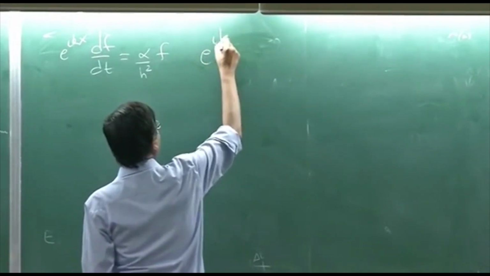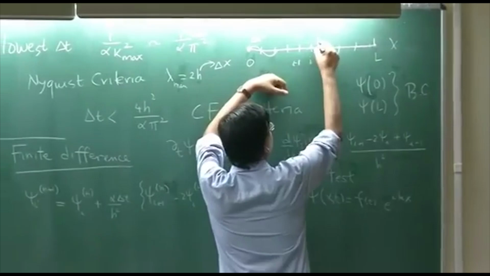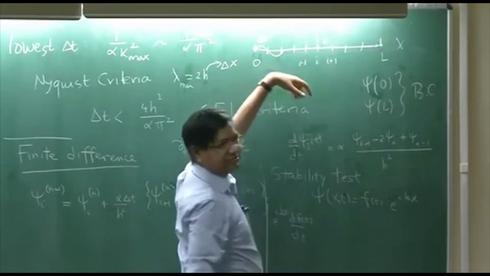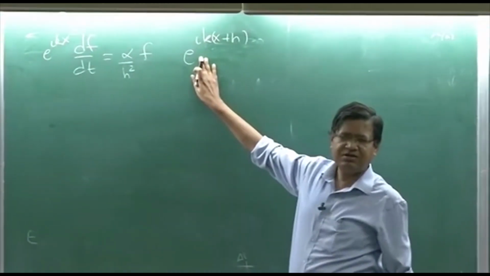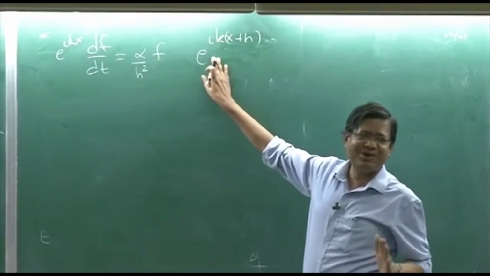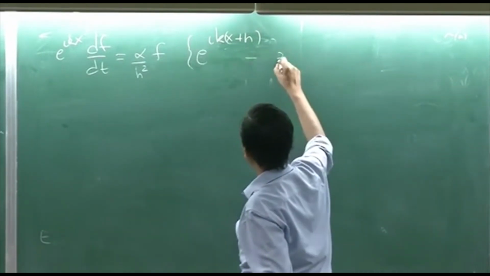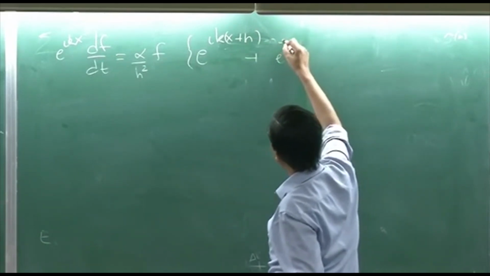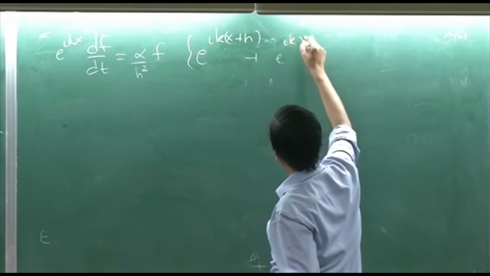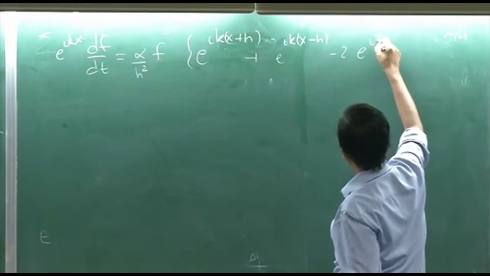I get e to the power i k (x plus h). So this is i plus 1, this point. This is h, this is x. So this is f at i plus 1. If you are confused, please let me know right away. This fine? Then minus 2 times the middle term, plus e to the power i k (x minus h) for i minus 1.